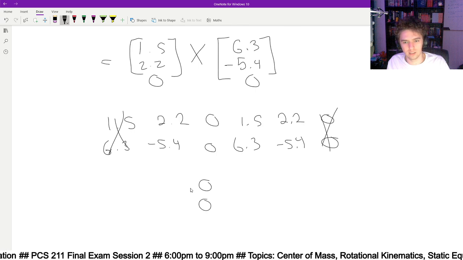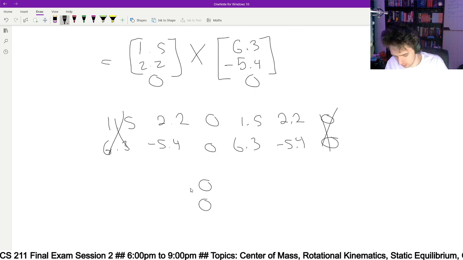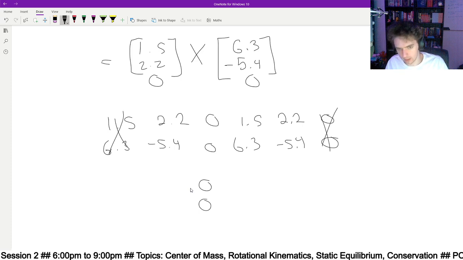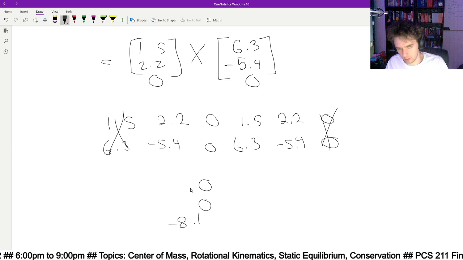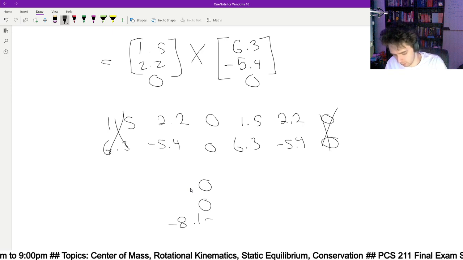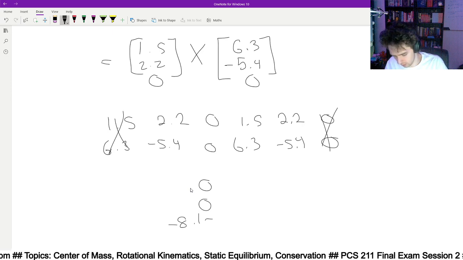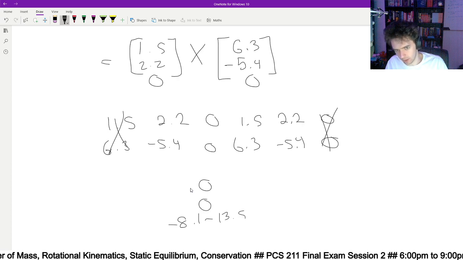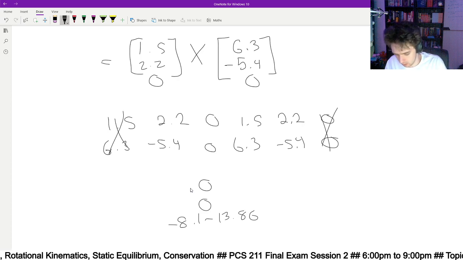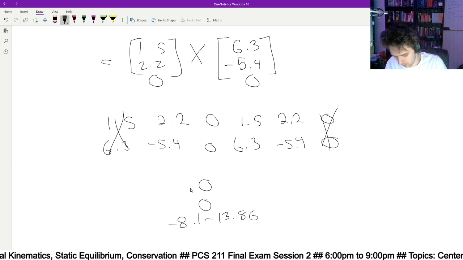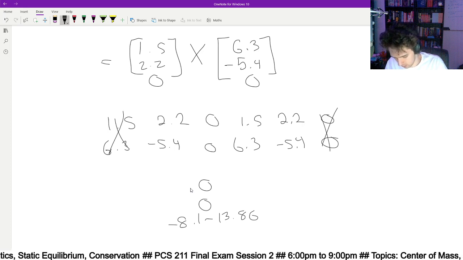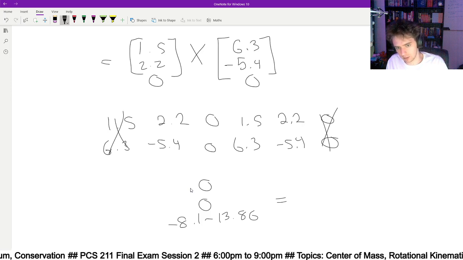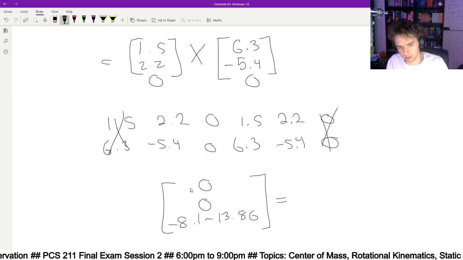That doesn't look too good. 1.5 times negative 5.4 is negative 8.1 minus 2.2 times 6.3 is going to be 13.86. So negative 8.1 minus 13.86. So that's my answer, which doesn't quite seem right at all.